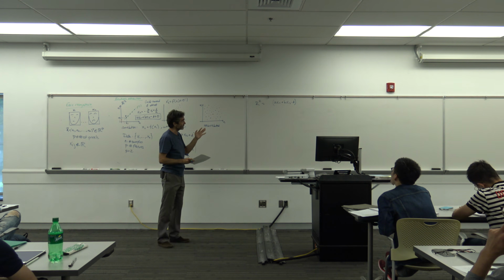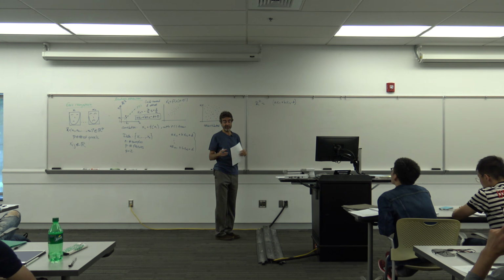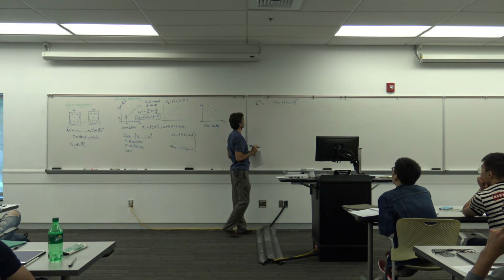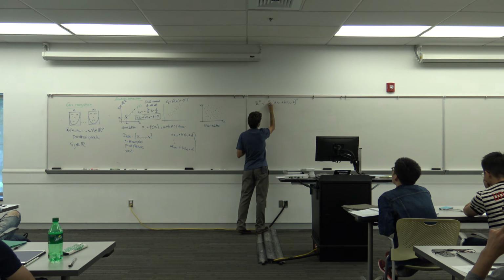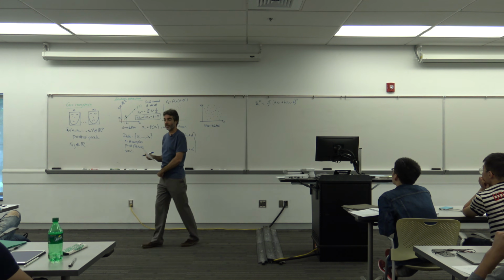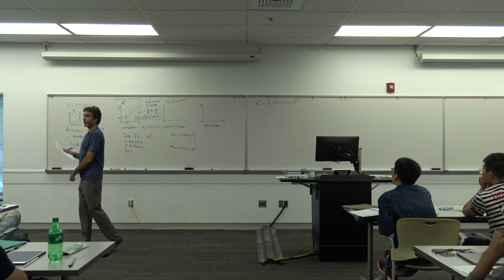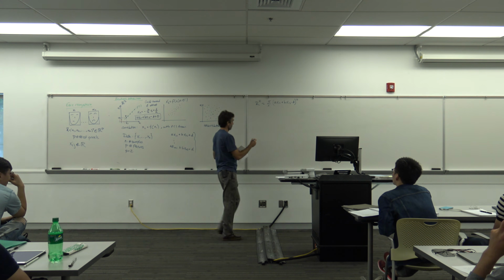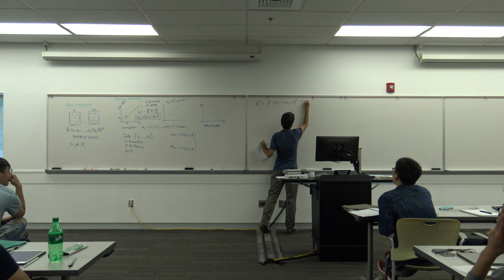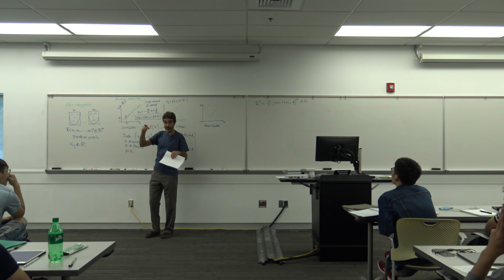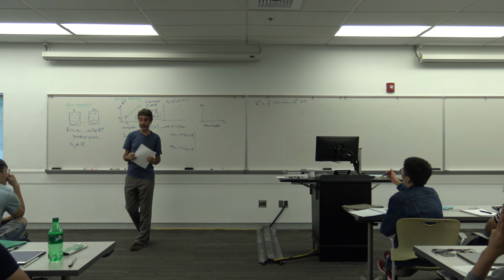But because the absolute value is non-differentiable, I'm going to take the square, right? Therefore, that's what this square means here. And I'm just going to add over all my sample feature vectors, right? Now, what I know is that in general, this error is going to be larger than 0. It can be 0 if and only if these dimensions are correlated, right?